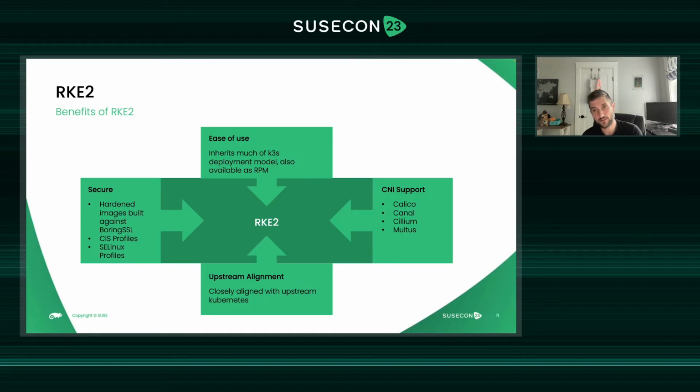As for CNI support, like I said, it supports a much wider array of CNIs with Calico, Canal, Cilium, and Multus. And it is a lot more closely aligned with upstream Kubernetes in terms of how it's administered, how it's run. So anybody that has used an upstream Kubernetes distribution and wants something that's just a little bit more secure, RKE2 is absolutely perfect for that.